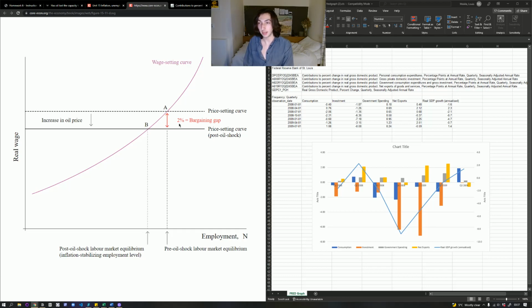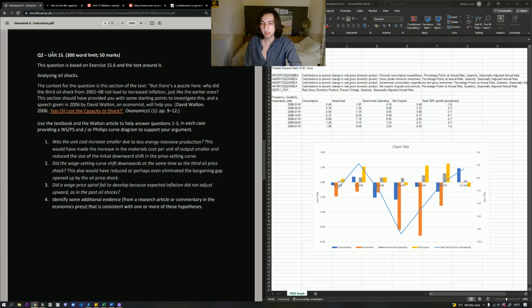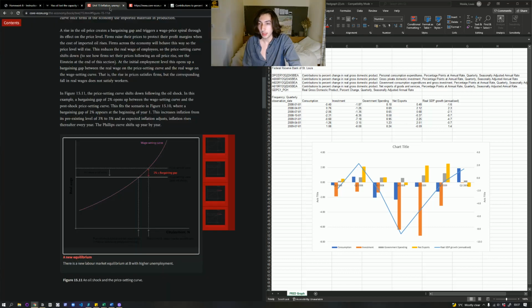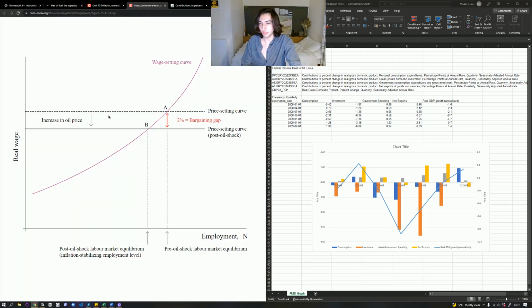Right, let me have a look here. Did the wage setting curve shift downward at the same time as the third oil price shock? This would also have reduced or even eliminated the bargaining gap opened up by the oil price shock. So what we're saying here is that per the WSPS model, let's imagine this is WSPS.